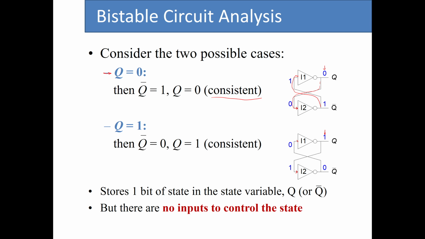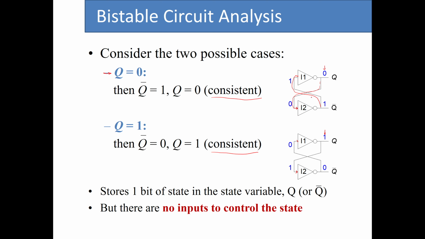When you have 0 at the input of this inverter, its output is going to be 1. So the same thing happened as before. When Q is 1, following the path of the signal, we see that Q remains at 1. That means this state is also stable and consistent.